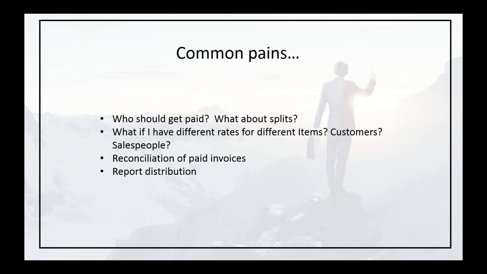If your company only releases commissions when the invoice is paid, reconciliation of paid invoices on a monthly basis can be a chore. And most important to many, report distribution to the salespeople. If you use spreadsheets, you understand how long it takes to copy, paste, save, email, copy, paste, save, email again and again. We'll cover all of these points as we take a look at Commission Plan from Ethotech.